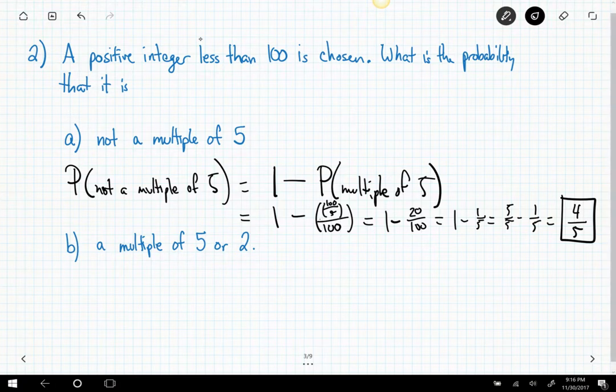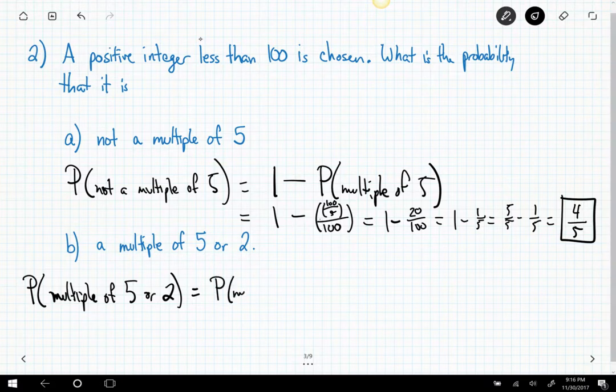And for our next problem, we're going to take another rule of probability and put that to use. So you saw when two things are disjoint; in this case that's not going to happen. For example, 10 is both a multiple of 5 and 2. So when we do these probabilities, you can do the probability of the multiples of 5, plus the probability of the multiples of 2.